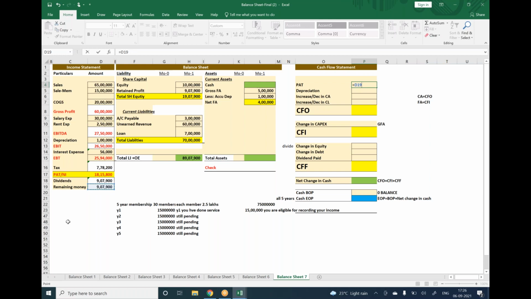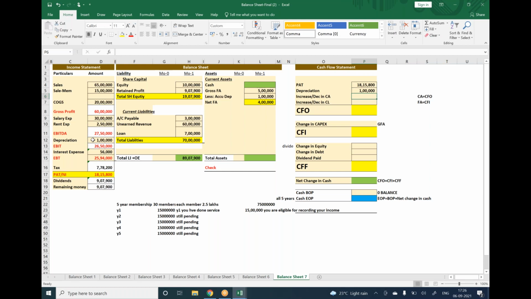What should it be? Yes, profit after tax. Okay.